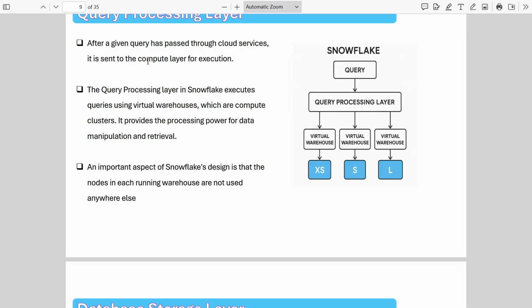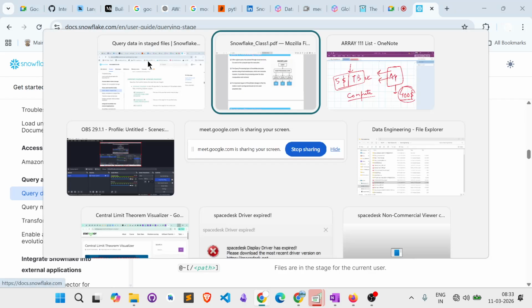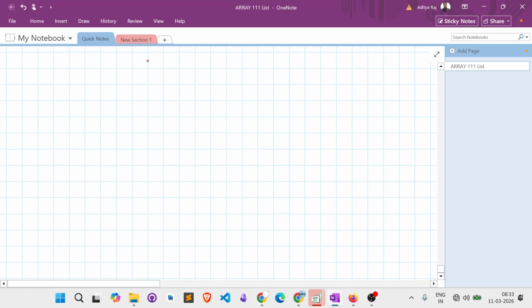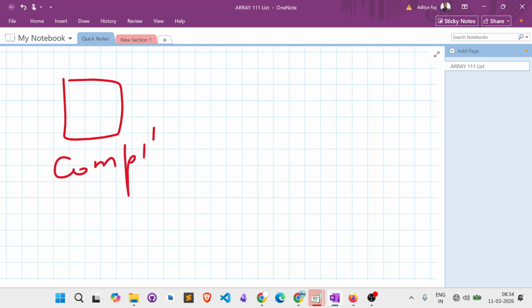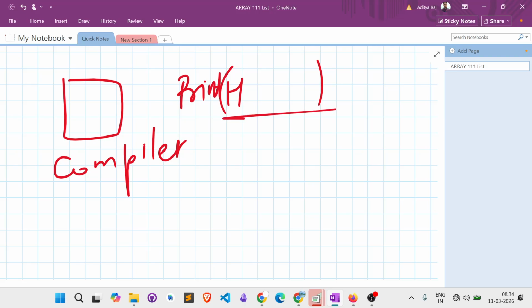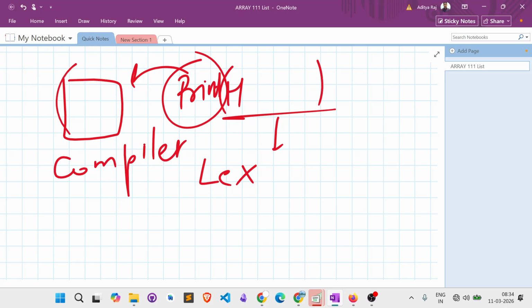Let me explain a little bit about this compute layer. Maybe you know a compiler. How does a compiler work? You write some code in Python, maybe print hello world. How does the compiler understand that you want to print hello world? Because print is already defined as a keyword.